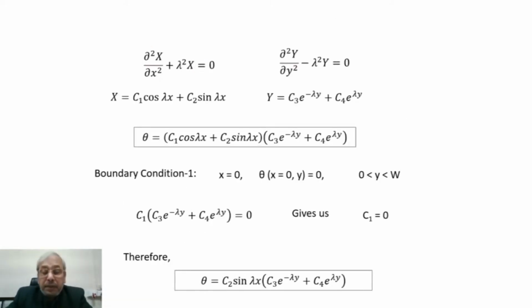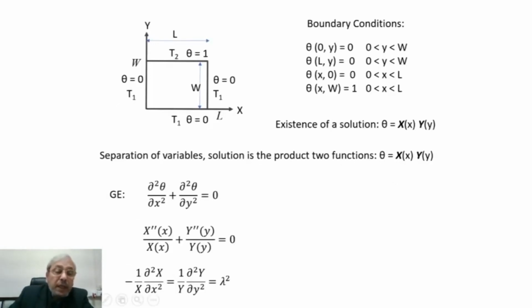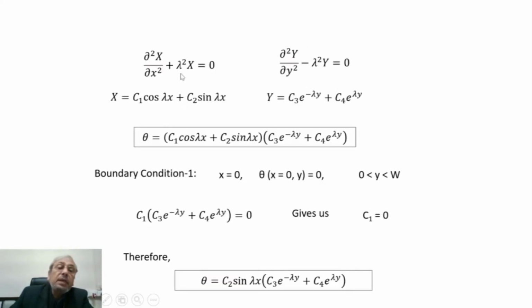Lambda is the separation constant. So we can equate the x derivative part to lambda square and the y derivative part to lambda square. d2X dx2 plus lambda square X equal to 0, and d2Y dy2 minus lambda square Y equal to 0.